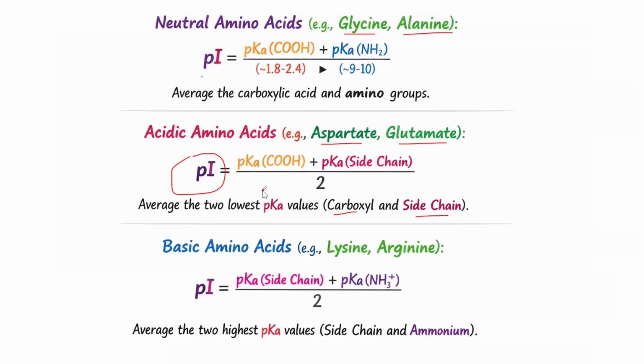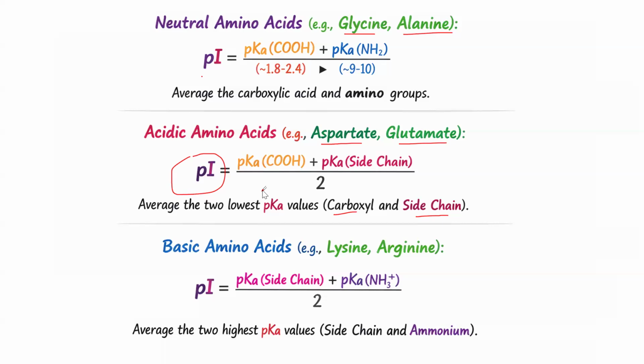That will give you the isoelectric point for an acidic amino acid. And what do you do at this point? If you have more than 2, let's say you have 3, you average the lowest pKa values of both the carboxylic and the side chain.